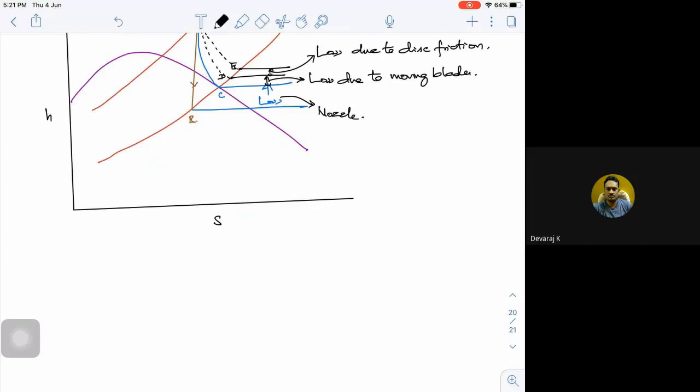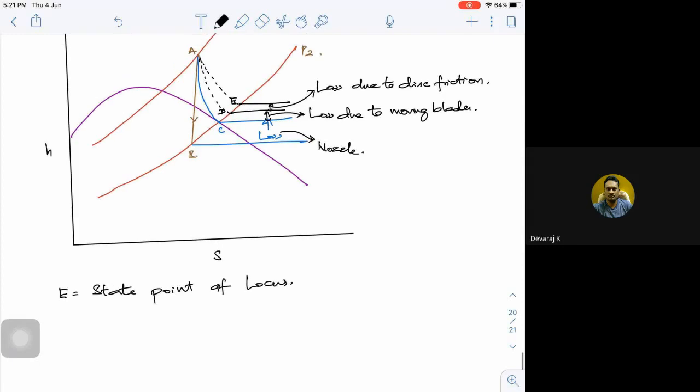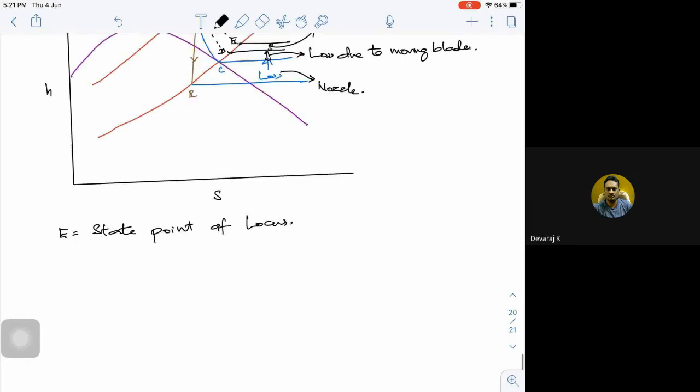So E is called the state point locus. Okay. Why is it so significant? Now, if I take any stage, if all the losses are considered, E is the exit for that particular stage.